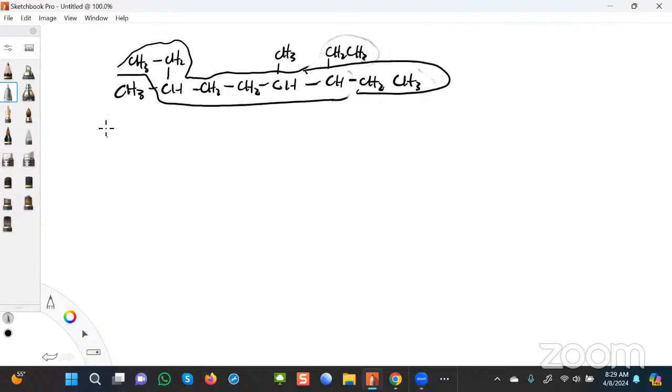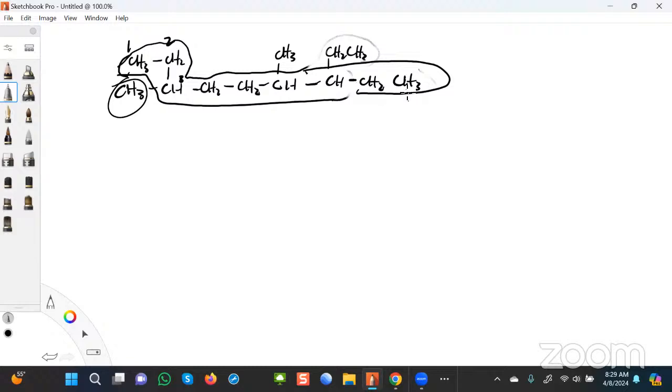Okay, so now that we have established the longest chain, the question becomes, in the next step, how do we number the longest chain? If you recall, I said that in numbering the longest chain, you have to make sure that you start from the end that is closest to a branch. However, in this particular case, if you start counting from here, 1, 2, 3, this methyl group will be on the third carbon.